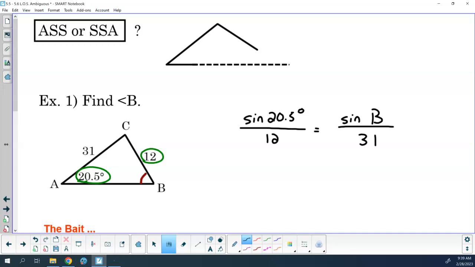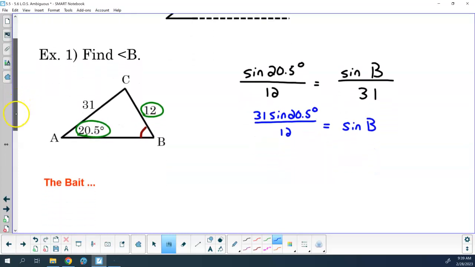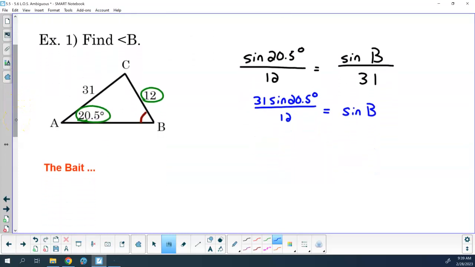Okay? So if I multiply both sides by 31, I would get 31 sine of 20.5 degrees all over 12 equaling the sine of angle B. Agree with me on that? Well, I want angle B, so that means I've got to take the inverse sine of that, right? So I've got the inverse sine of all of this.